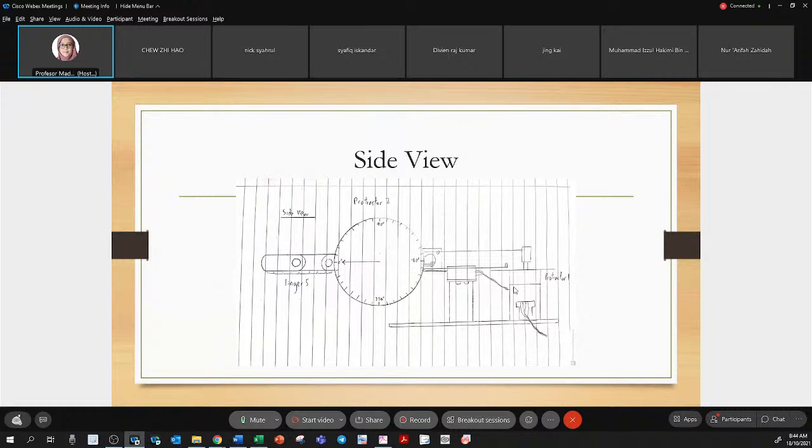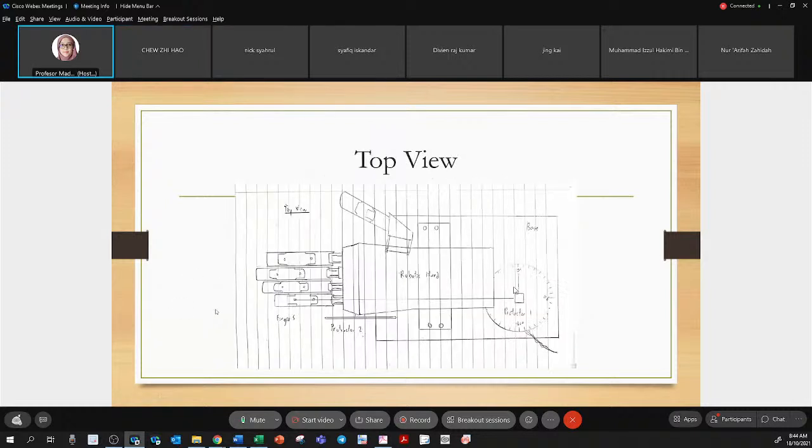So right now, if I look at your sketch, dia ada sebab 5 tangan kan, dia ada setiap finger dia ada satu. Top view.